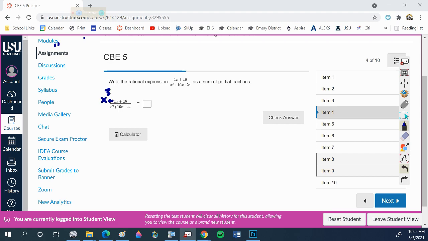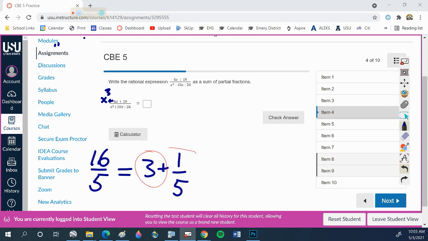So if I had the fraction 16 over 5, I would convert that into 3 plus 3 remainder 1. But nobody writes remainders that way. Instead of remainder 1, what do we say? 1/5. So I've taken the whole number portion out, and I have simplified the fractional portion.